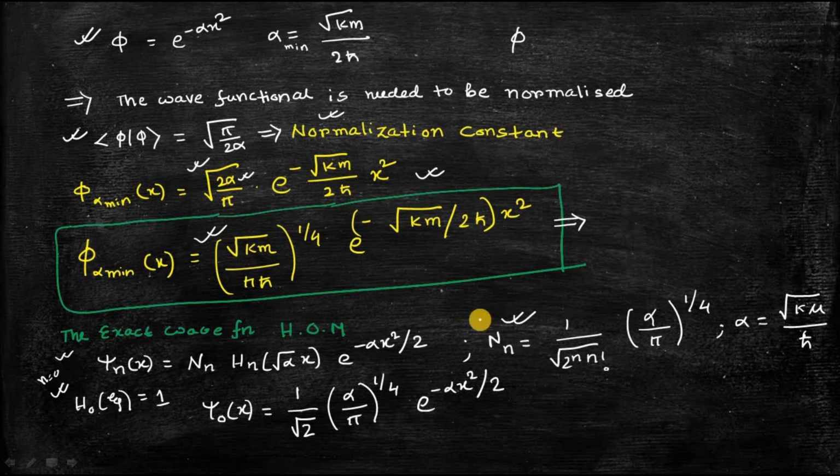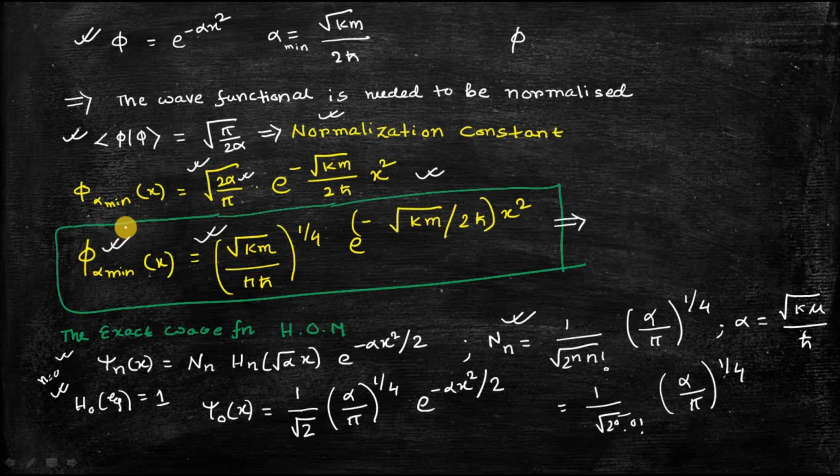Similarly, the normalization constant for the ground state wave function will be like this, 2 to the power 0 into 0 factorial into alpha by pi to the power 1 by 4.